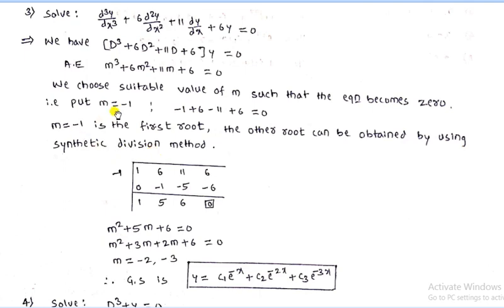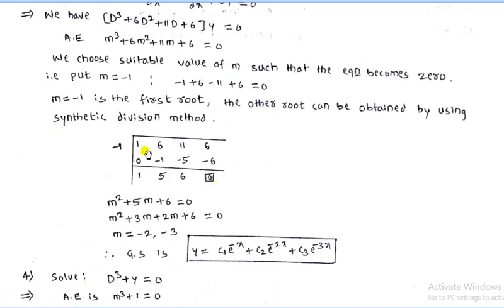So now with the help of m equal to minus 1, we will calculate the remaining two roots by using the synthetic division method. In the synthetic division method, we will use the coefficient of m cube as 1, m square as 6, m as 11 and constant 6, and then use m equal to minus 1. Here we always write 0 first, then add 1 and 0, which gives plus 1.